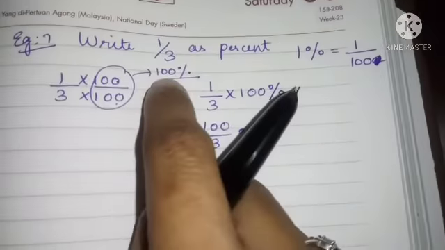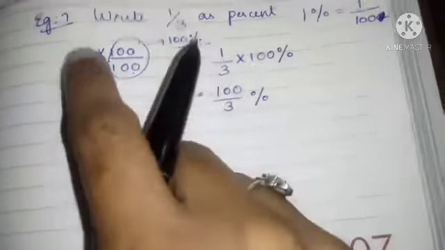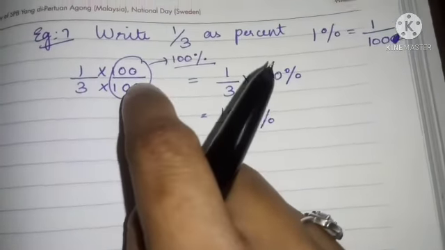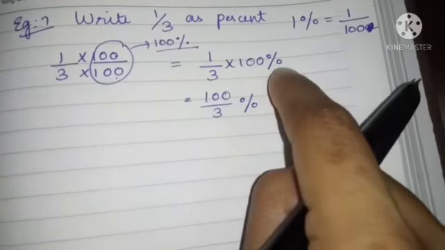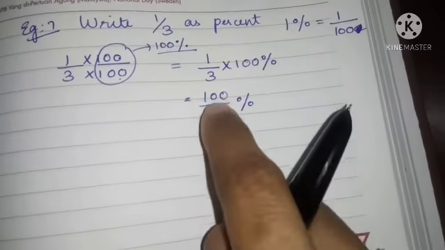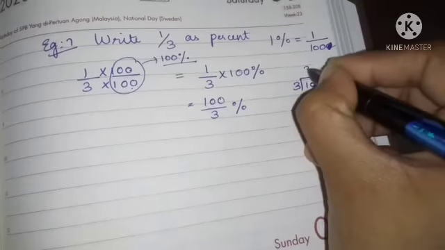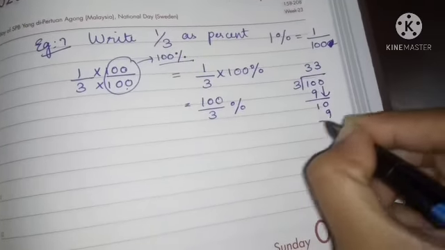Listen, children, I want to convert this into a percentage. So 1 by 3 into 100 divided by 100. 100 by 100 is nothing but 100%. So instead of this, I wrote 100%. 1 into 100, 100 divided by 3. We can divide it. 3 3s are 9, remainder 1, 0, 3 3s are 9, remainder 1.